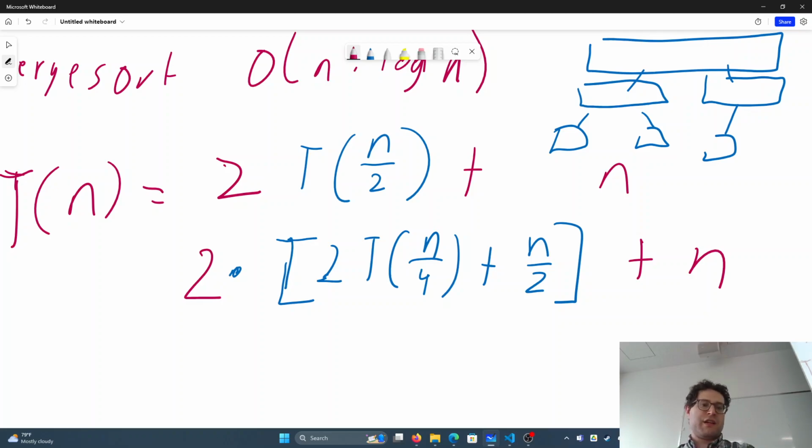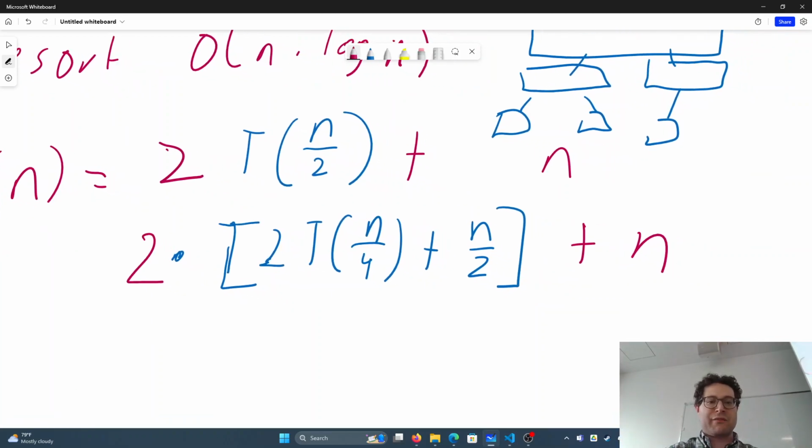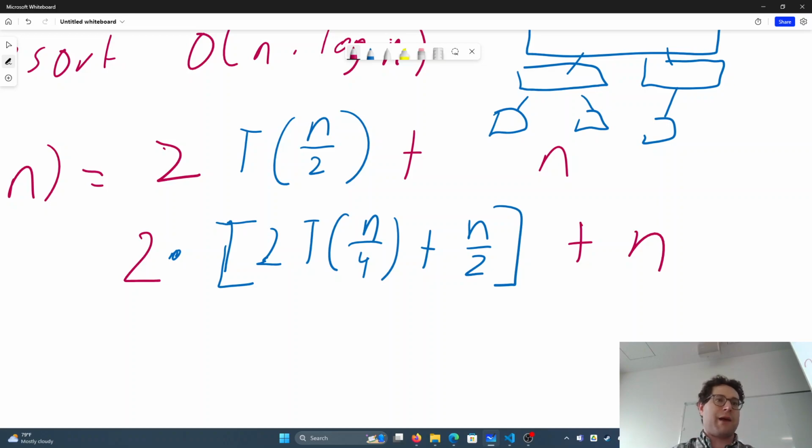So notice over here what we've got. We've got in 2T(n), 2 subproblems of half the size, okay? Those half-size problems can be split into 2 quarter-size problems.